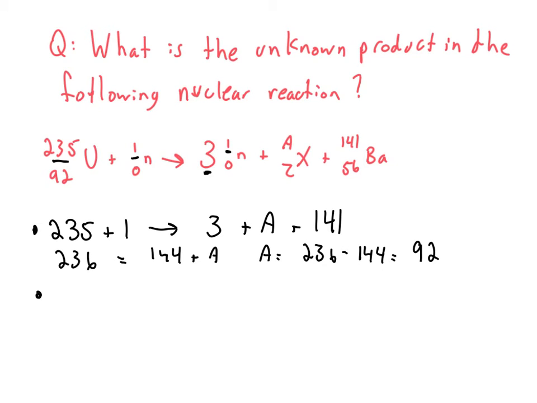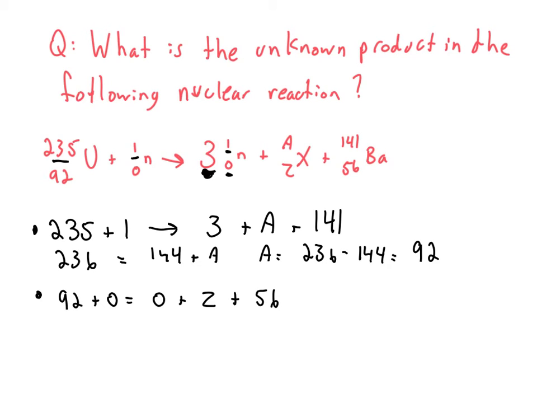So there's our first thing we need to do. The second thing we need to do is those bottom numbers. 92 plus 0 is going to equal, now we go back to this 3 up here, but it's 0. So that's going to be 0 plus Z plus 56.